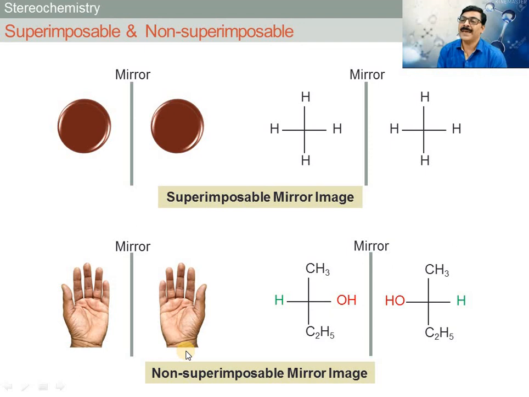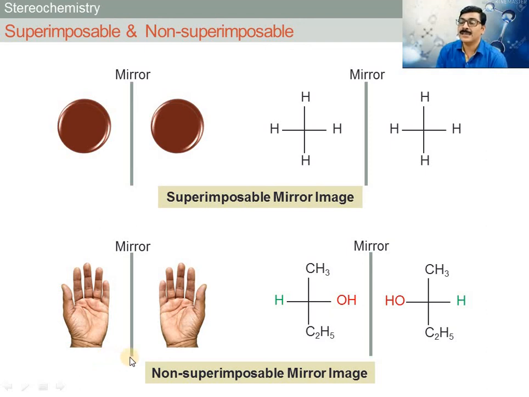So the image of the left hand is not identical, and such an image is called a non-superimposable mirror image. So what is a non-superimposable mirror image? If the mirror image of any object is not identical, then it is a non-superimposable mirror image.